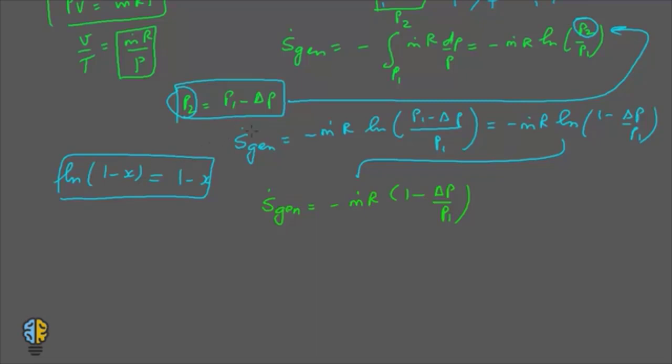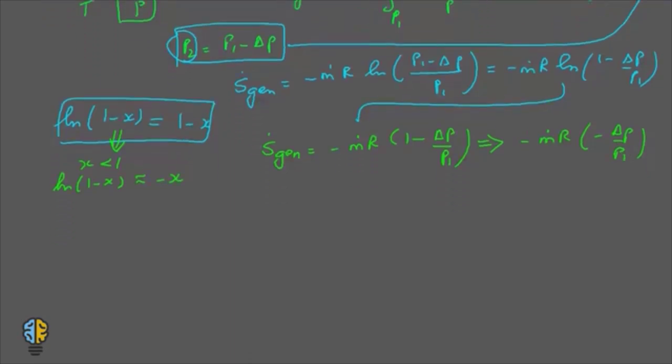And if you say that the value of x is less than 1, then log of 1 minus x is almost equal to minus x. So this can be written as minus m dot R, log is gone, minus delta P upon P1.